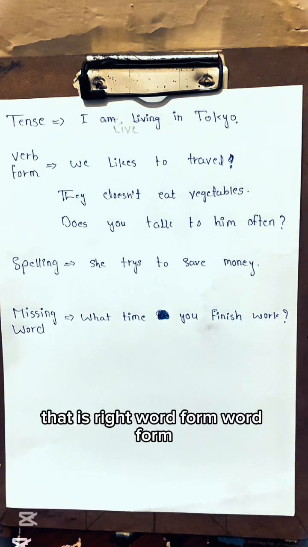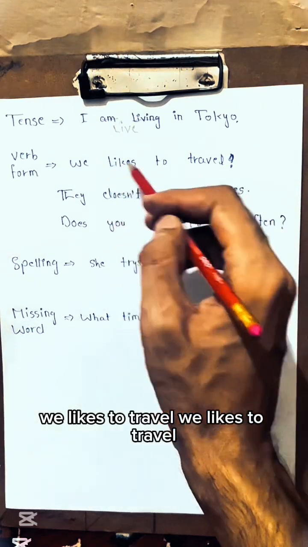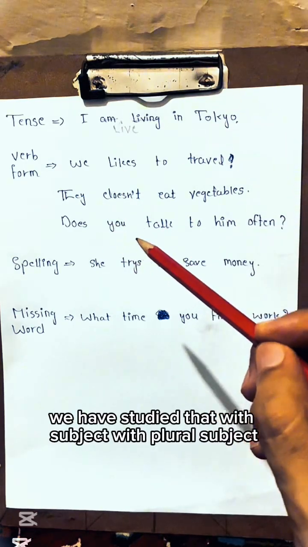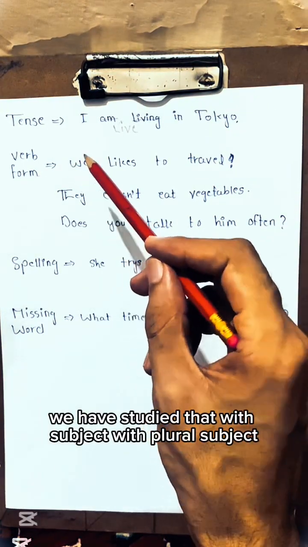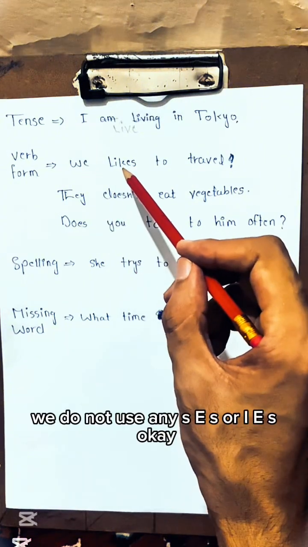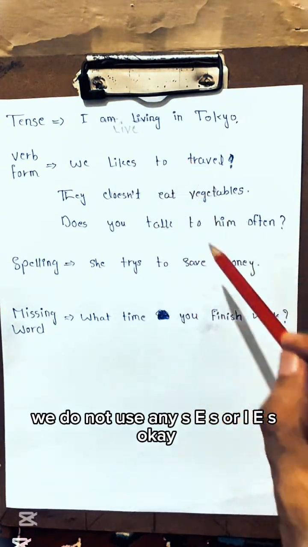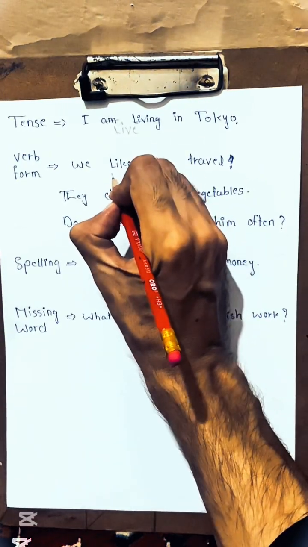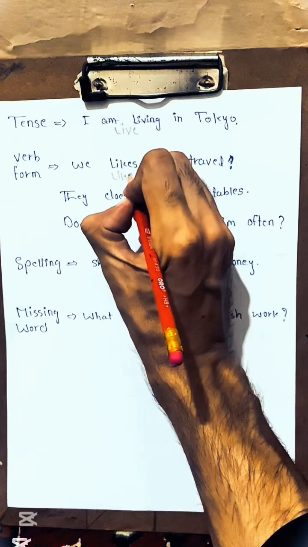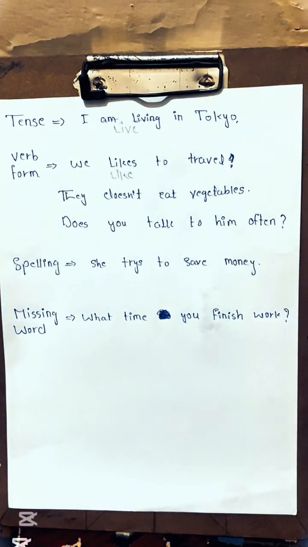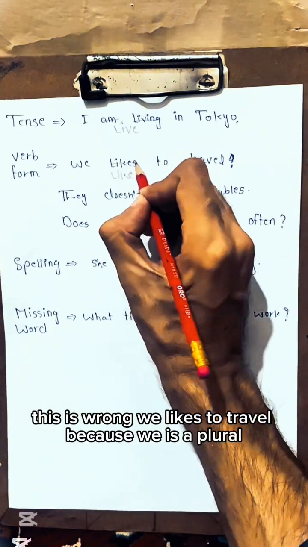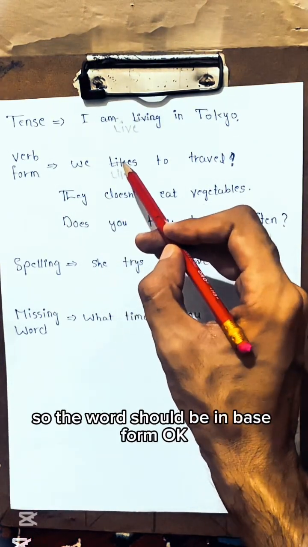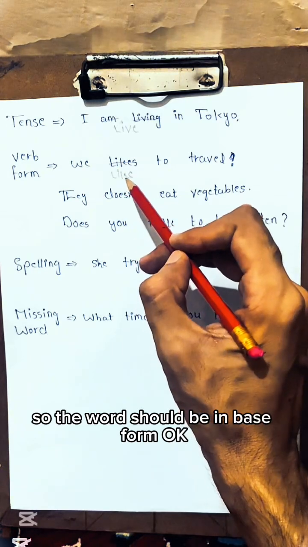Verb form. We likes to travel. We have studied that with a plural subject, we do not use any s, es or ies. So here, we like to travel. We likes to travel is wrong because we is plural, so the verb should be in base form.